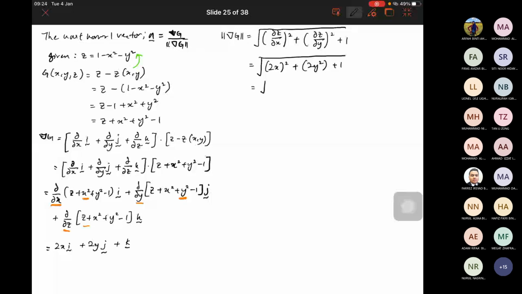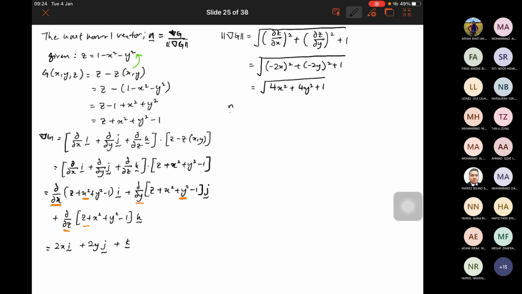Square root of 4x squared plus 4y squared plus 1. Okay.